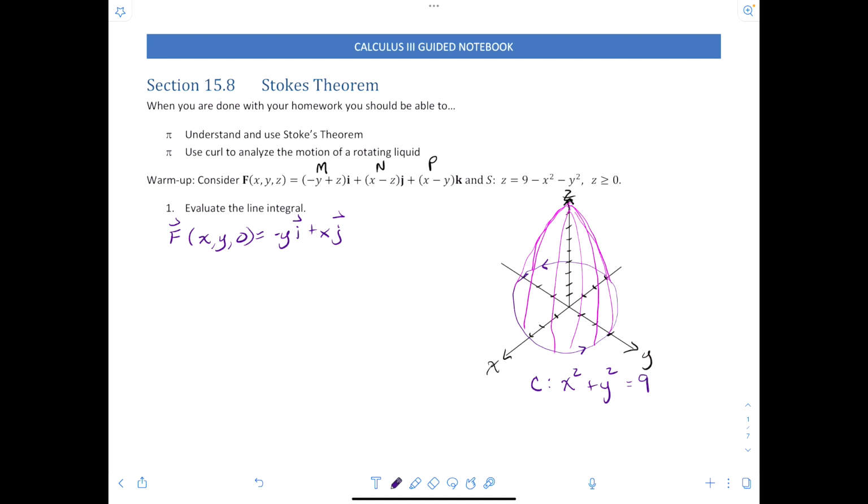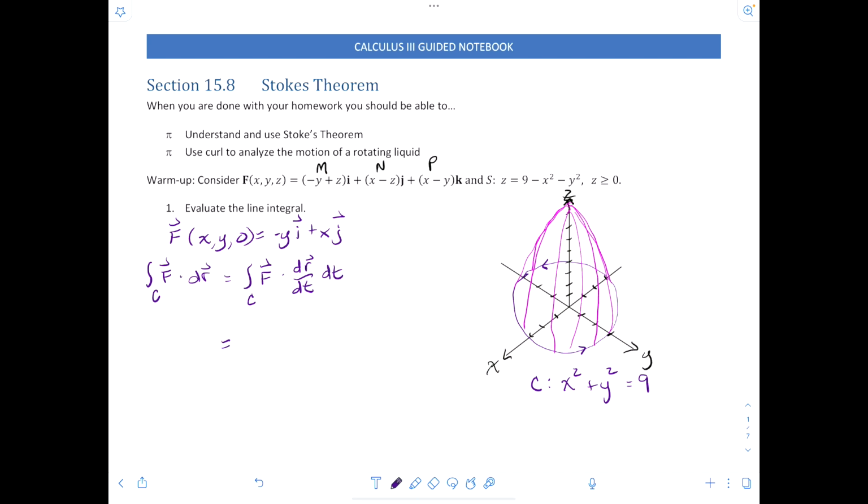And so the line integral over that circular boundary of this vector field, F · dr, will be equivalent to the line integral of F · (dr/dt) dt.